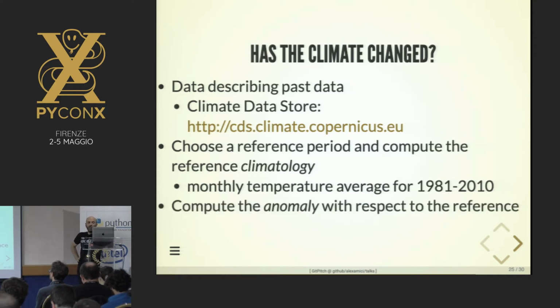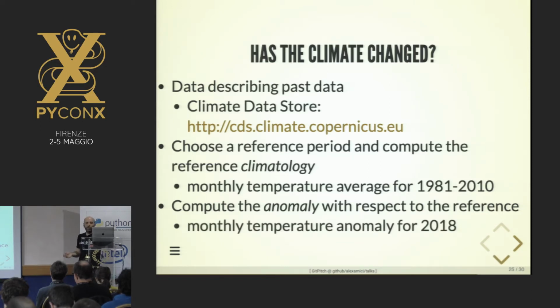And we need to compute the difference, which is called the anomaly, with respect to the reference, for some period that we are interested in. For example, we can decide to compute the monthly temperature anomaly for the year 2018.